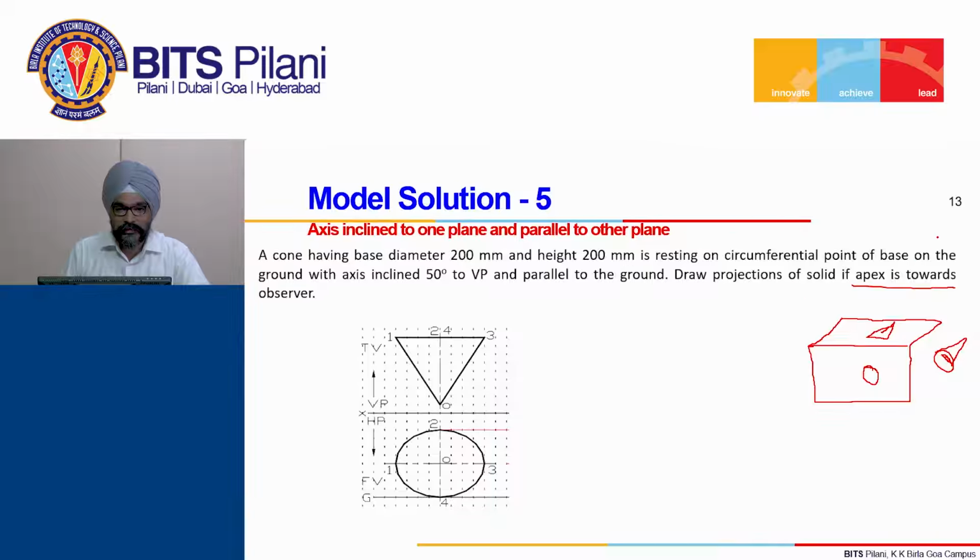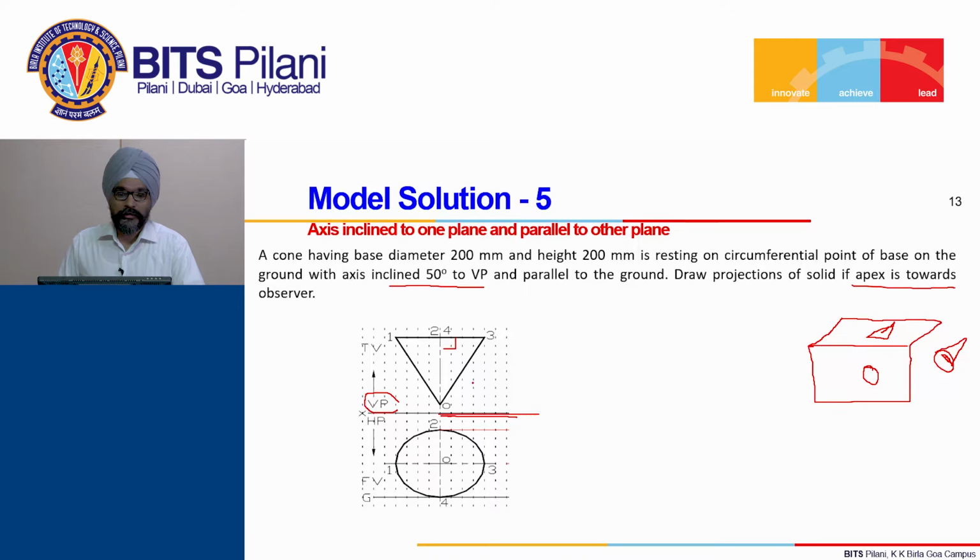Here it is told that the axis is inclined at 50 degree to the VP. When the axis is inclined at 50 degree to VP, that means initially it has to be drawn as perpendicular to VP. So this is VP. This XY line is VP in the top view, that we must know.